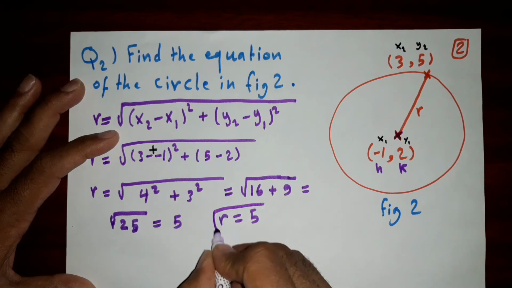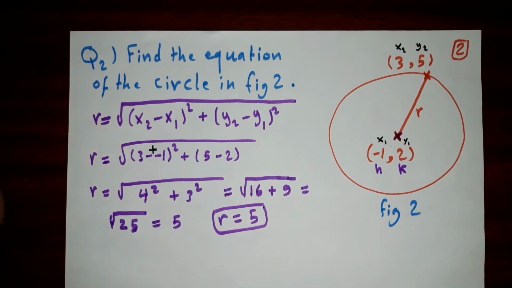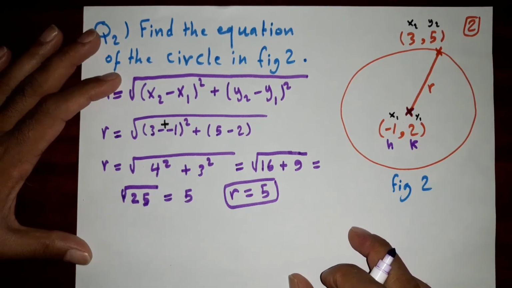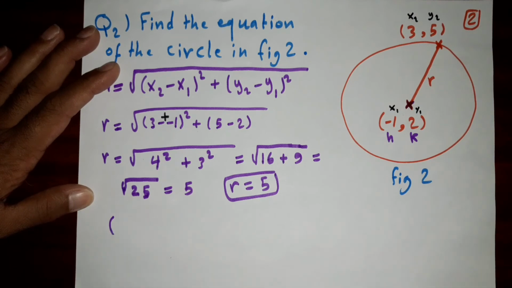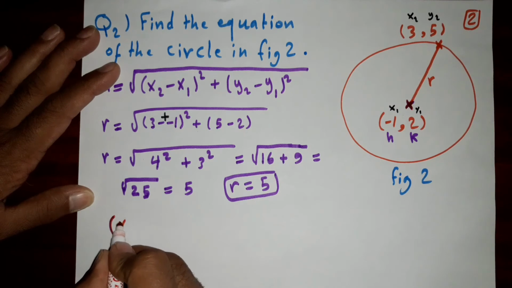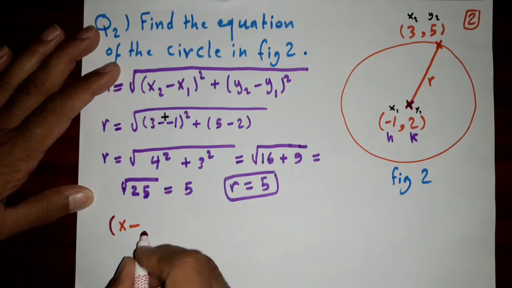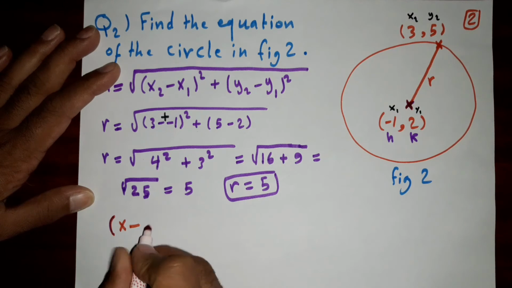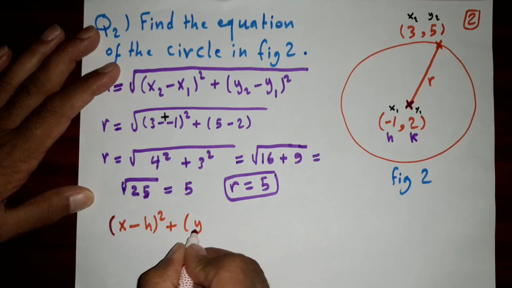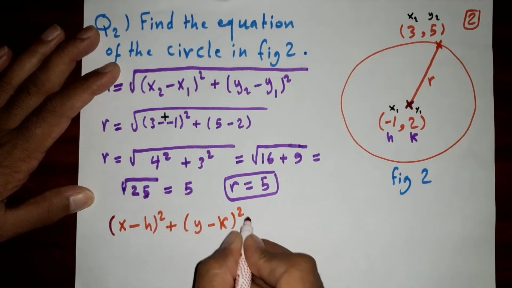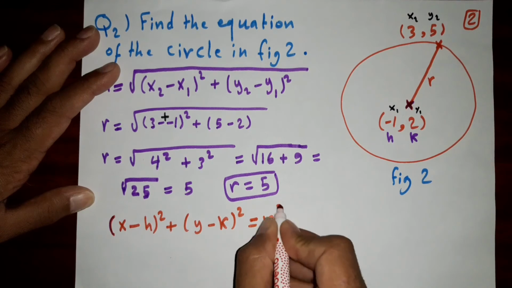So we can find the standard formula of the circle equation because we have the center and the radius. By the standard formula of the circle, x minus h all squared plus y minus k all squared equal r squared.